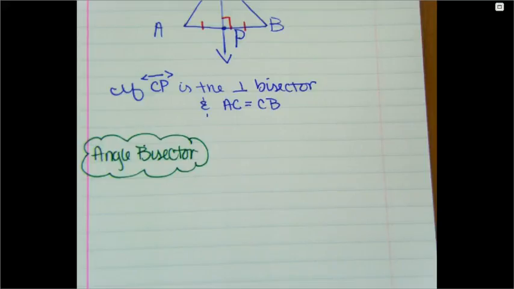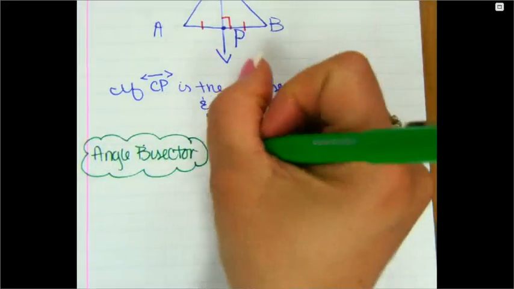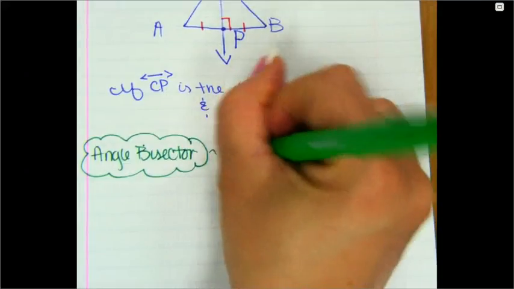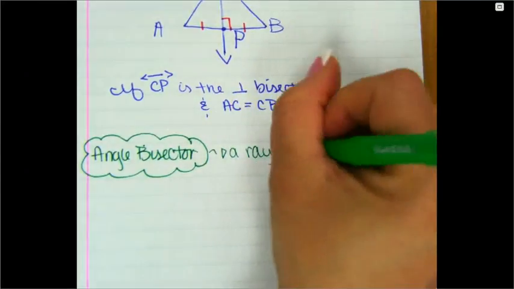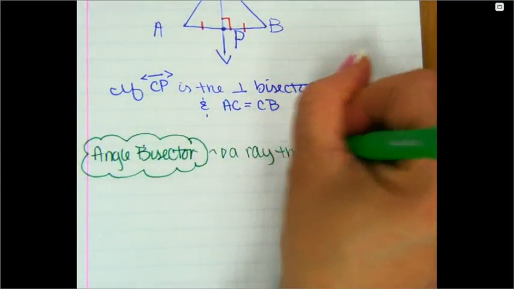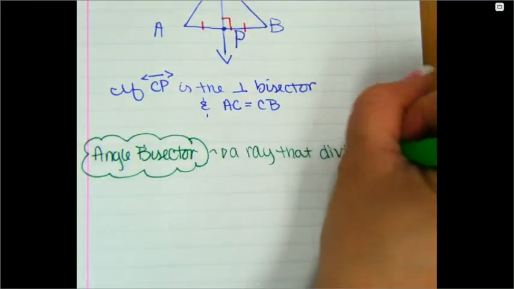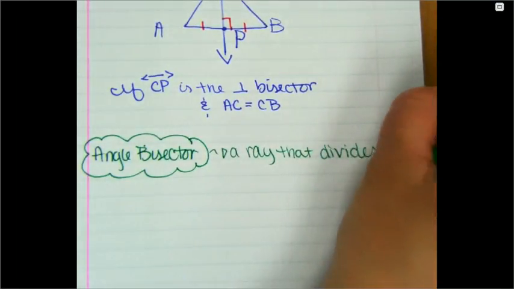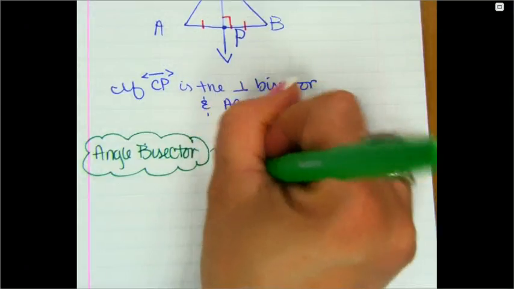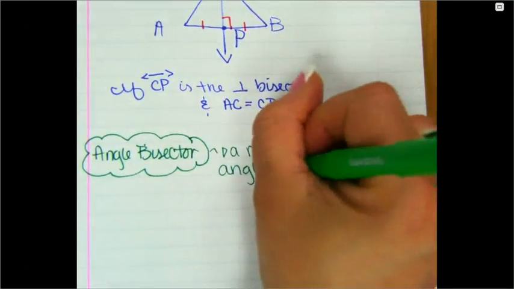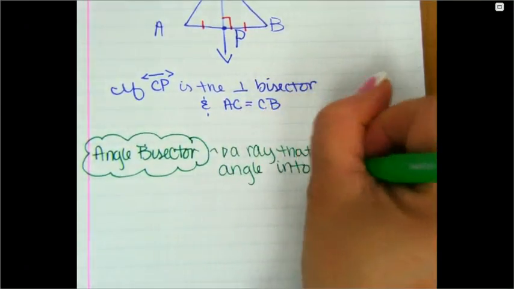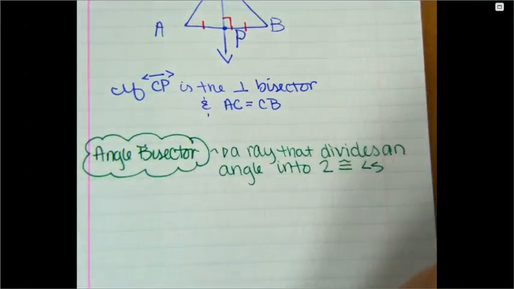Two halves, so two equal parts. It is a ray that divides an angle into two congruent angles.